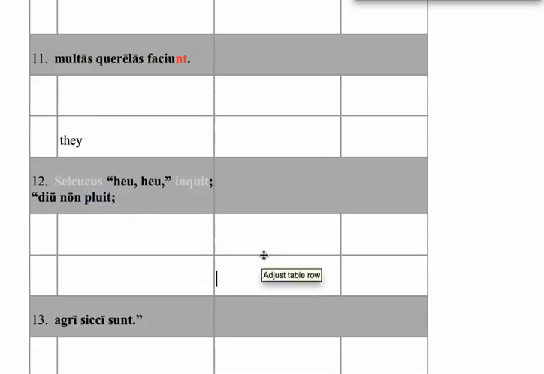Pluit just means it rains. And that's really all you have to put here. Latin doesn't have a subject. It's what's called impersonal. In English, we say it. Okay.